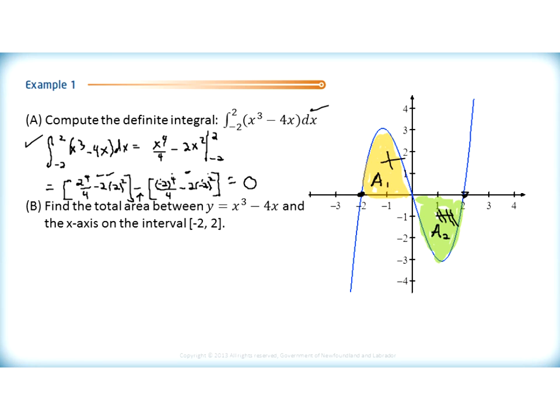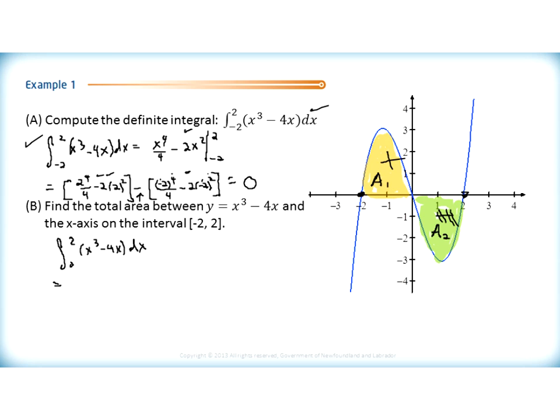So let's first of all find the integral from 0 up to 2 of the same thing, x cubed minus 4x dx. Okay. So the integral from 0 up to 2, we already found out what our antiderivative was. It was this, only we're now going to evaluate it from 0 to 2.